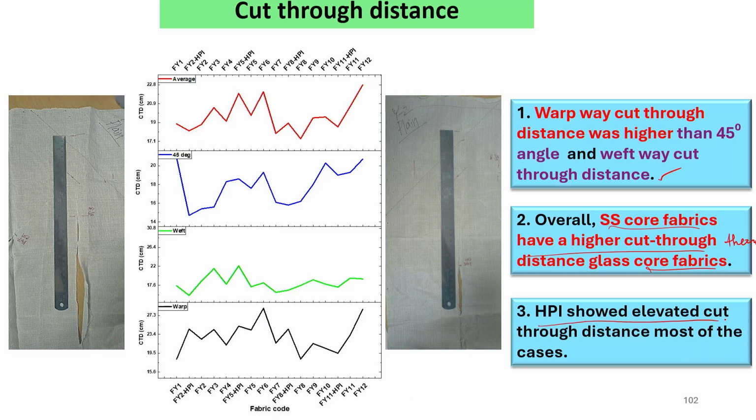HPI, hard particle impregnated fabric shows elevated cut through distance for most cases. We can see here, this is the HPI. So, in most cases cut through distance are higher.